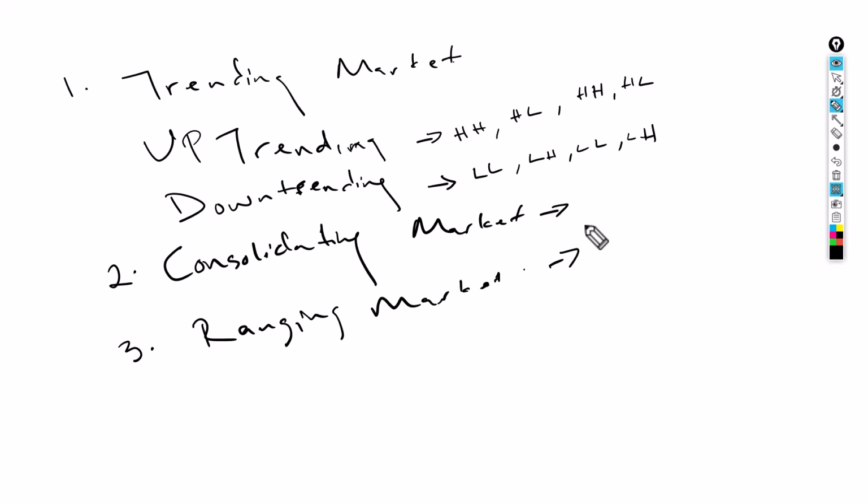Okay, let me quickly answer the question. A consolidating market is characterized by the depletion of momentum in the market. Usually, price would be moving from a low here to a high point here.